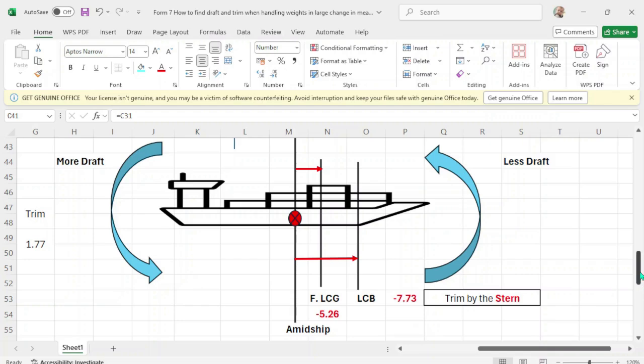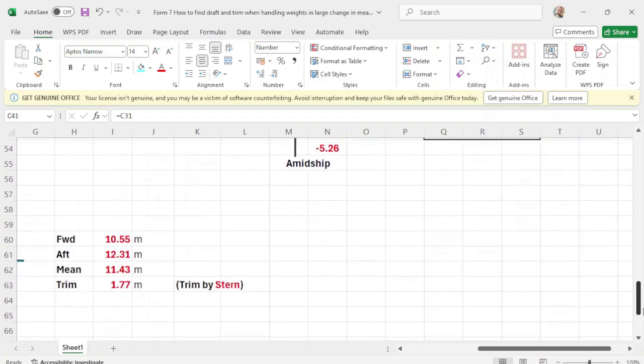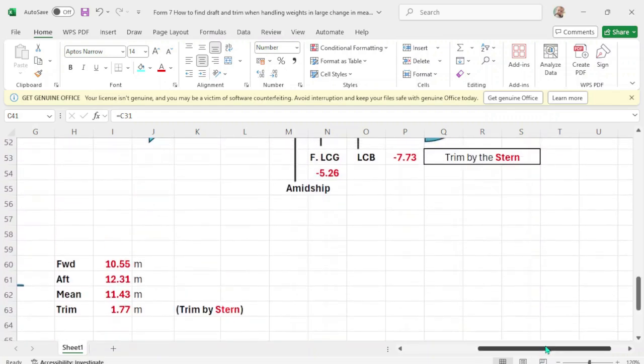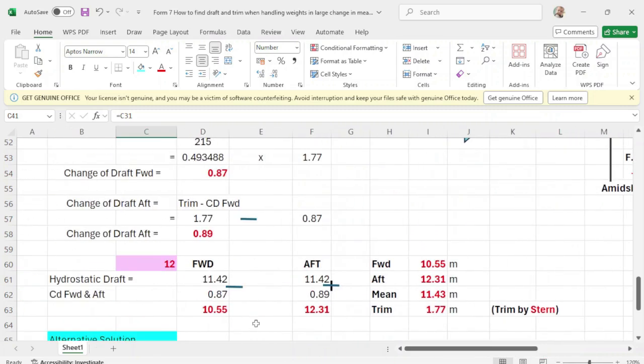That's why in the forward, because the vessel will rise, you subtract the change of drop forward from your mean drop. Then you will have a drop of 10.55. Now since the vessel aft will sink, you have to add your change of drop up to your mean drop.